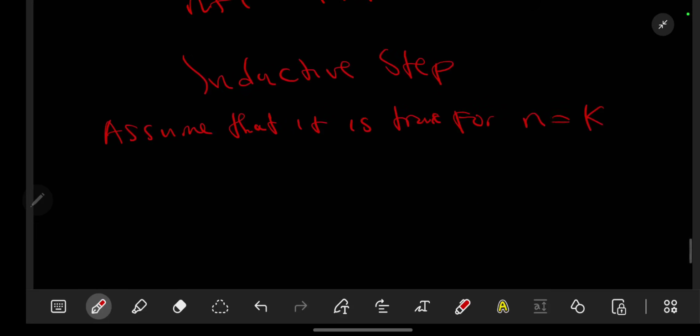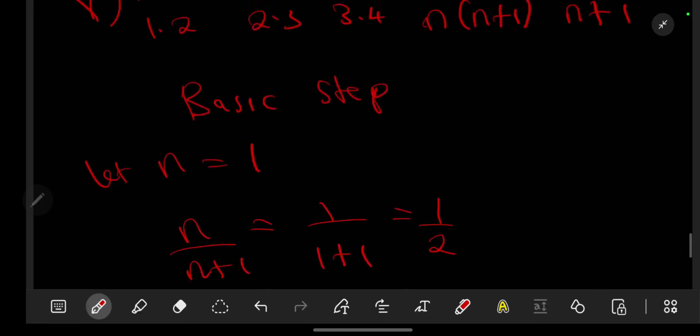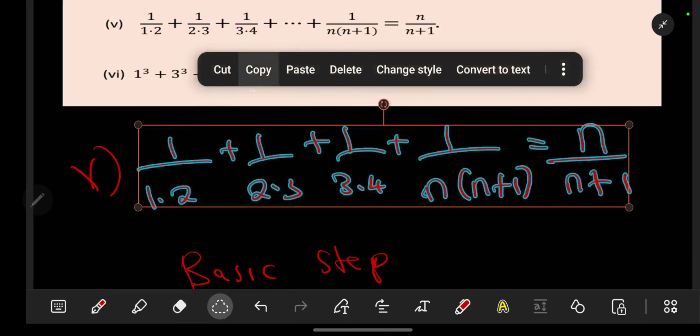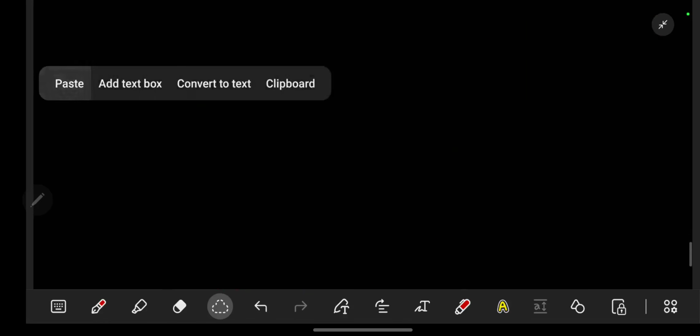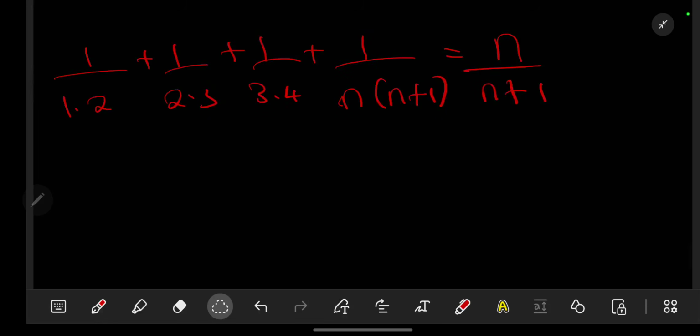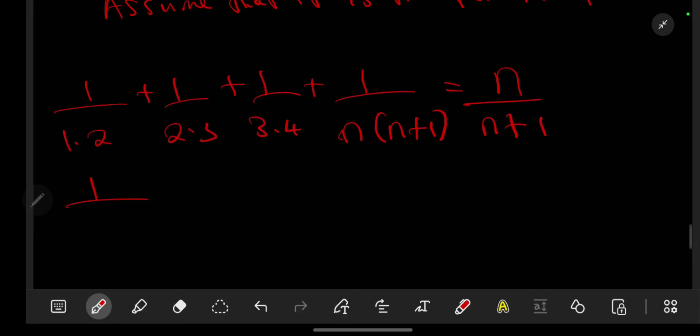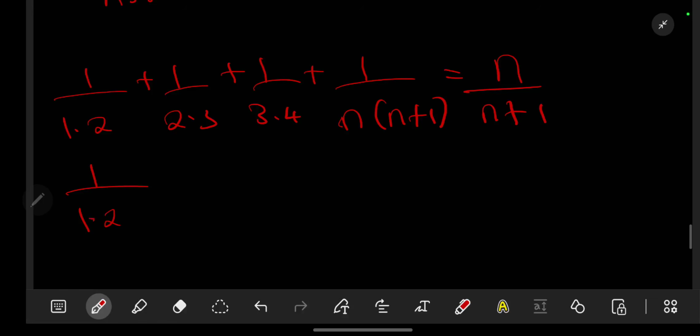So after doing that, we are going to replace in the original equation. So let me just grab it. So we have 1 over our 1 dot our 2, like that, plus just the same equation.